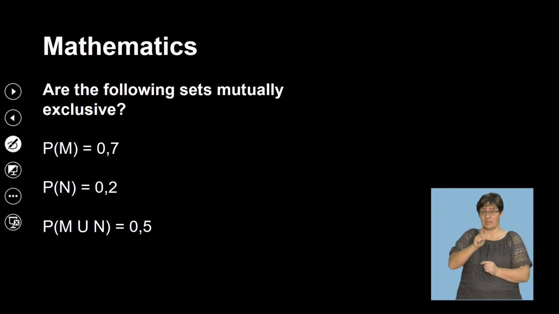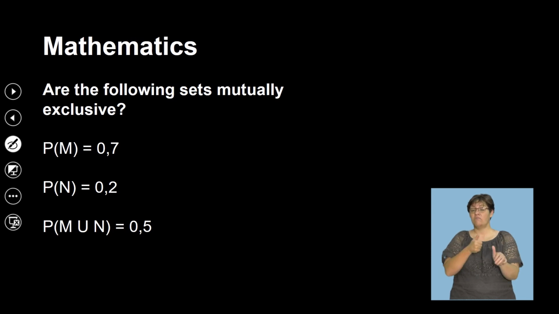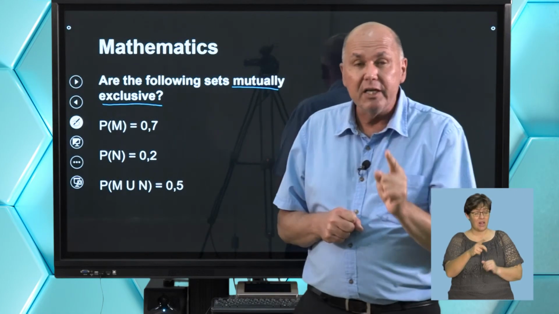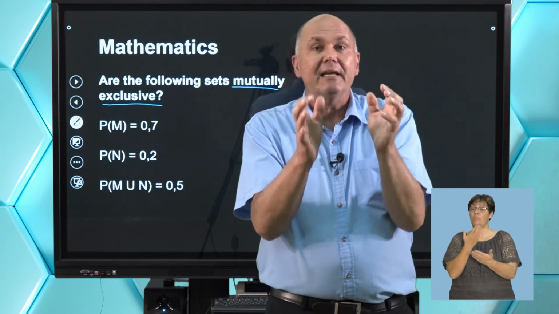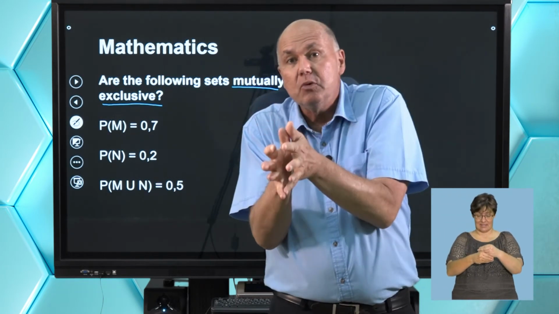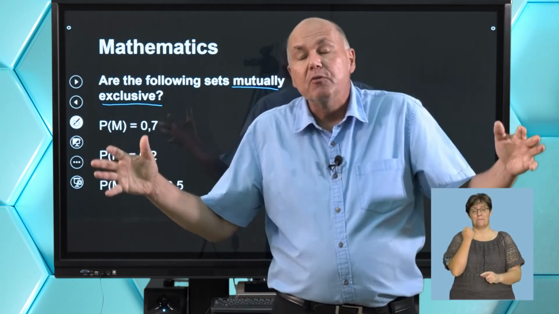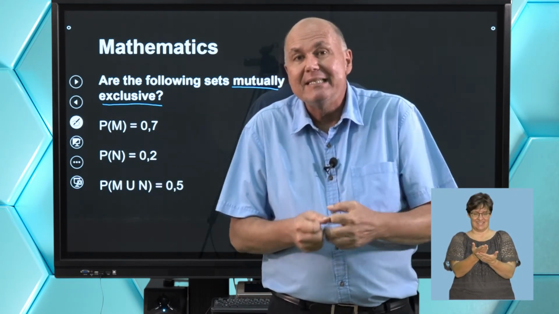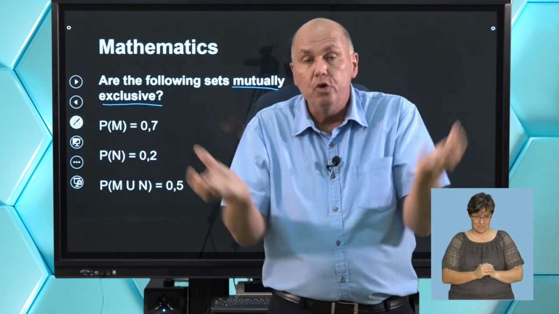And this problem says to us the following things. The following sets, are they mutually exclusive? We know if they are mutually exclusive, then we can take the probability of each of them, add them to each other, and we would find the probability of the union.